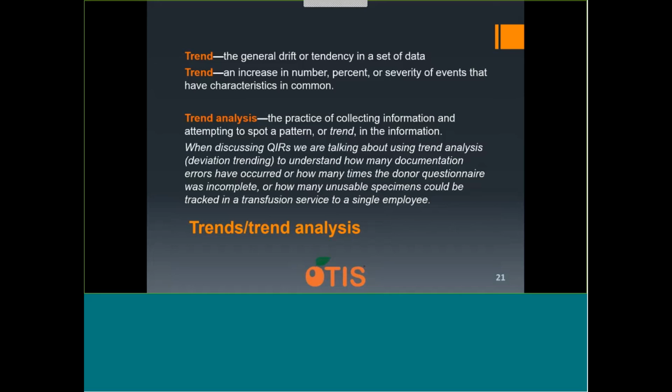And when we talk about QIRS in the transfusion service and the blood donor center, we're talking about using trend analysis or deviation trending to understand things like how many document errors have occurred and what kinds, or how many times the donor questionnaire was incomplete, or a question was not marked and nobody noticed it, or how many unusable specimens could be tracked in a transfusion service to a single employee.